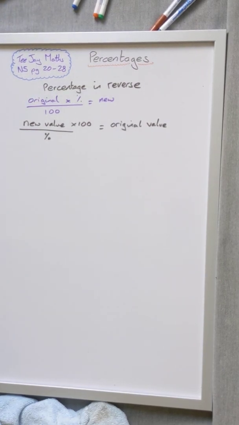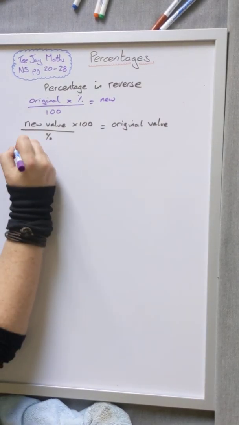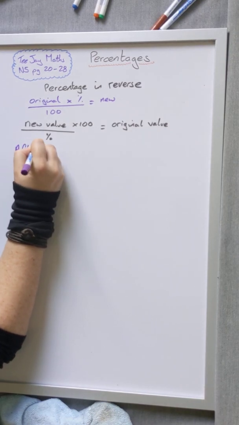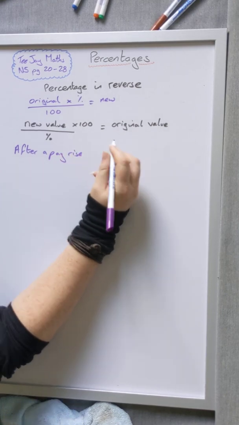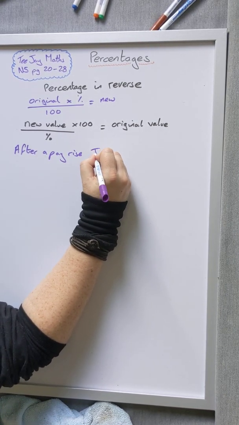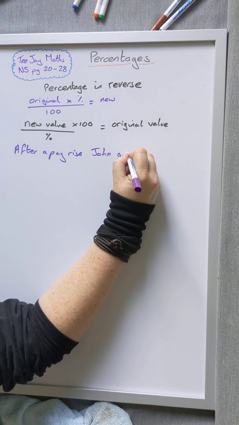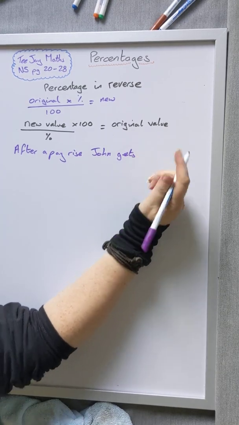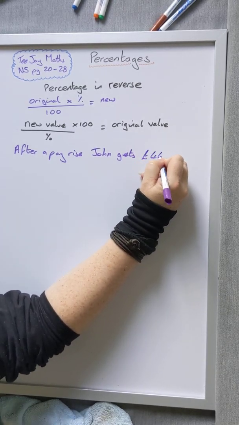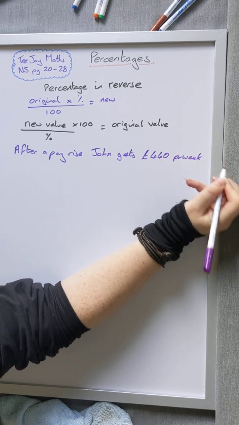So I'm going to give us a little scenario here. We are told that after a pay rise, John gets £440 per week.